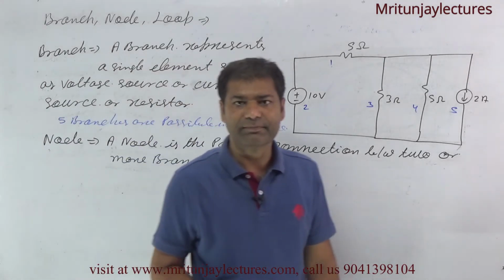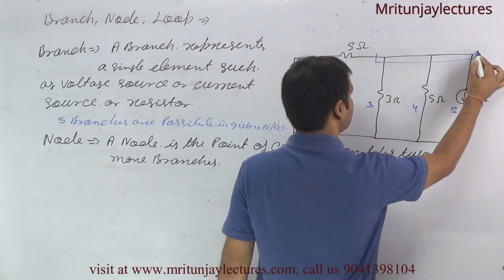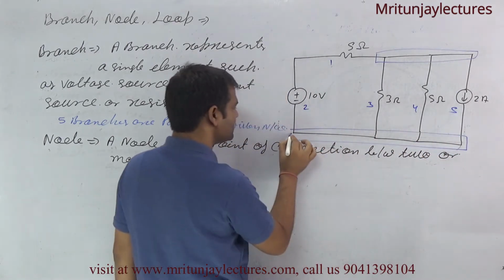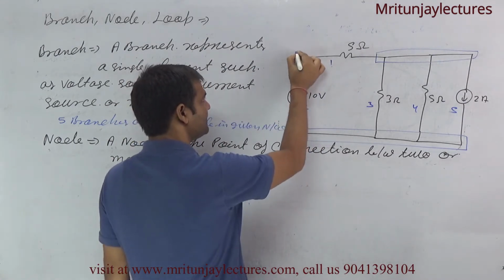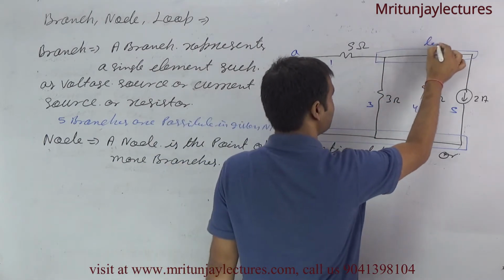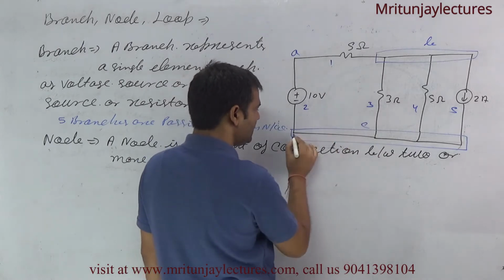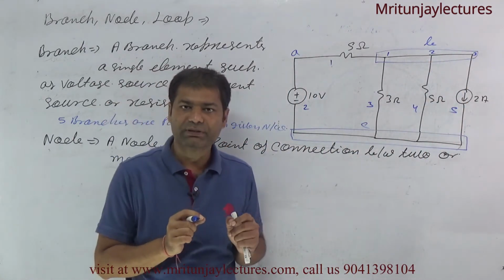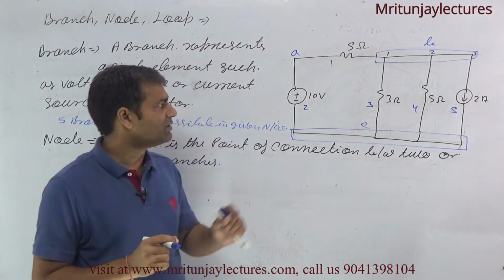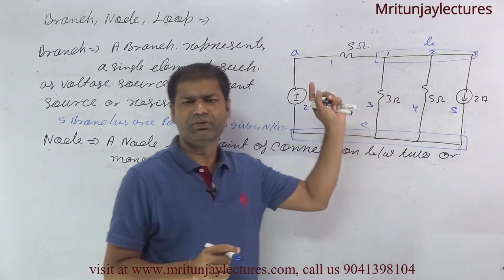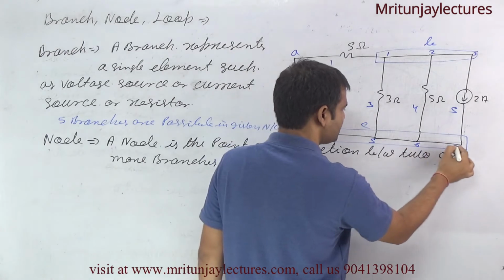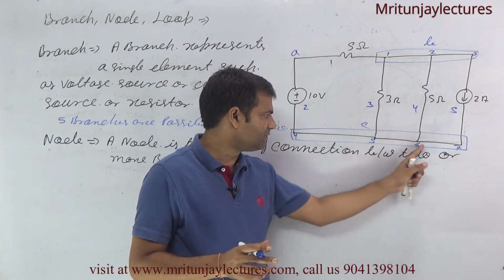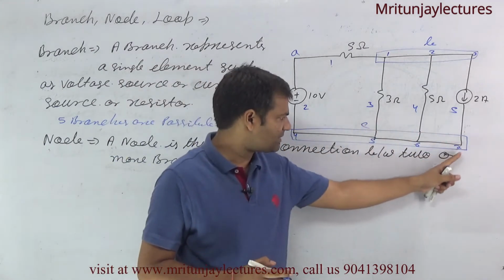Now how many nodes are possible here? This point represents a single point, and this one also represents a single point. The branches connected here are at the same potential, so call it A. Similarly, points 1, 2, 3 are at the same potential, so they represent a single point, B. Similarly, points 4, 5, 6, 7 represent the same point, at the same potential V4, V5, V6 and V7, so call it C. Clear?